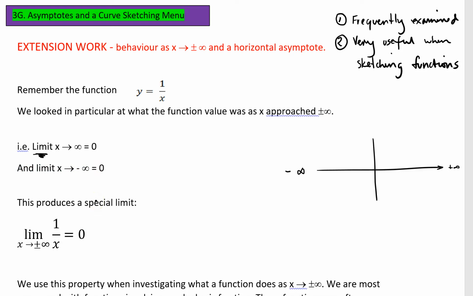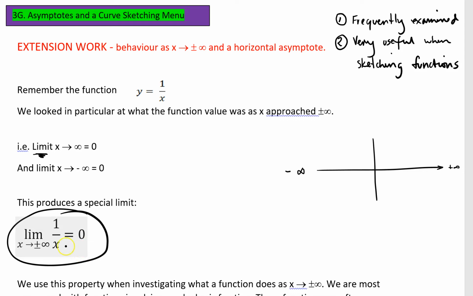Now, that, as it says here, produces a very special limit. And this is something that you have to know, have to be able to recall and use. And that is, the limit as x approaches either plus or minus infinity of 1 on x is actually equal to 0.